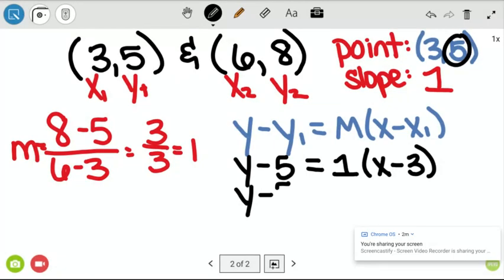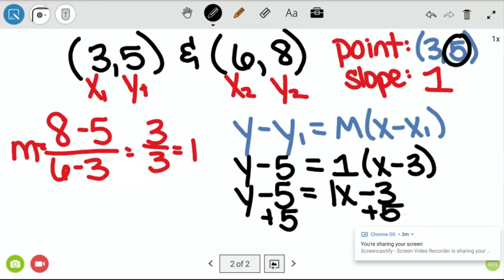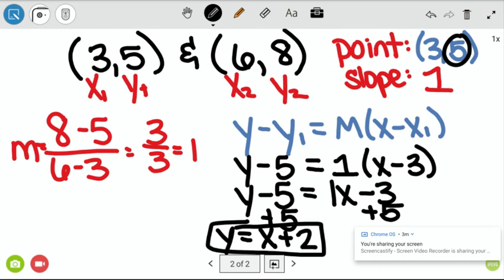And then we can distribute like we did yesterday. We get 1x minus 3 and then add our 5 over. Now I'm running out of space, so just bear with me. Y equals, you can either write x or 1x. I'm just going to write an x, and then a negative 3 plus 5 gives me a plus 2. So I'll try to write smaller on the next example.